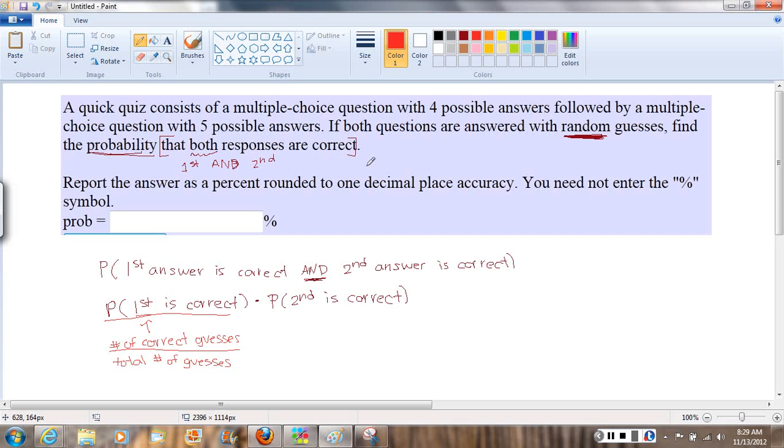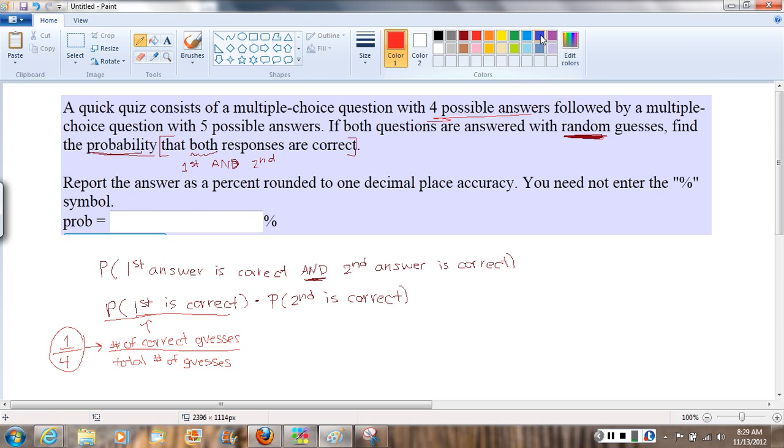And let's fill those in. So the number of correct guesses, well, it sounds like there's only one right answer to any question, so there's one correct guess you could make. How many choices did you have when you guessed? For question 1, there were 4 possible answers. So the total number of guesses you could make would have been 4. So there's a 1 in 4 chance that you're going to guess correctly on the first question.